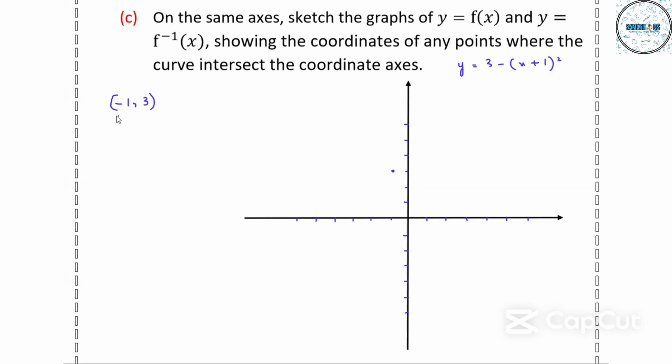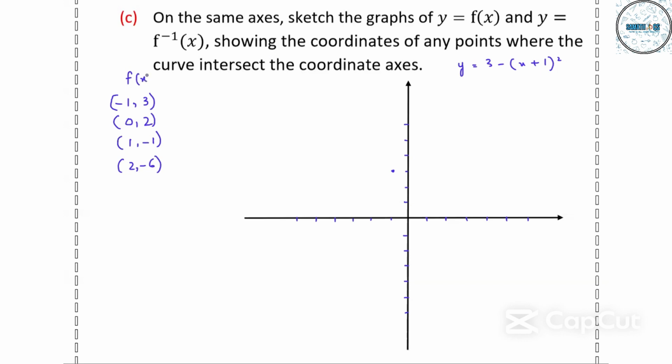So at 0, it is 2. Next, substitute 1: 1 plus 1 is 2, 2 square is 4, and 3 minus 4 is -1. So at 1, it is -1. Then 2: 2 plus 1 is 3, 3 square is 9, and 3 minus 9 is -6. So it is 2, -6.